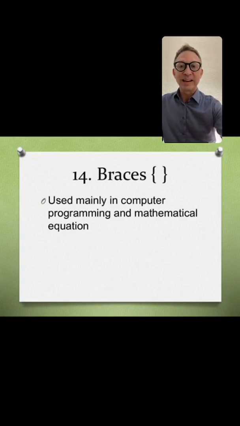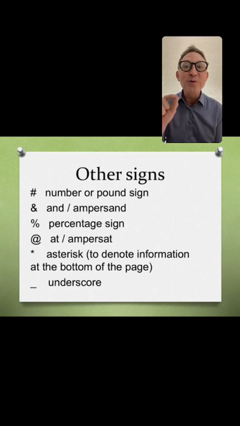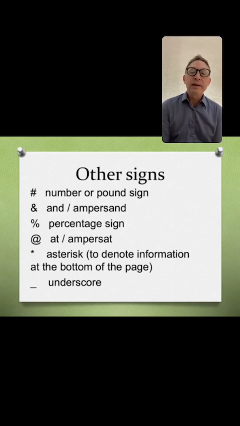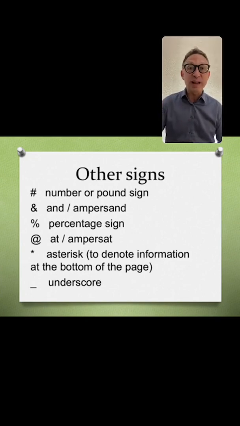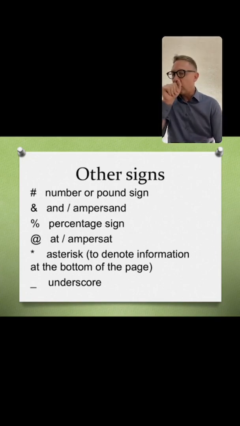And finally, I want to just go through very quickly a terminology list of other signs so that you know the names of them. So we have the number sign, also called the pound sign. When you're entering a code to get into a building, oftentimes you have to press pound before you enter.